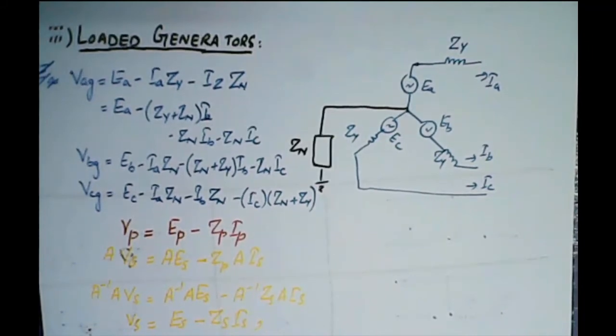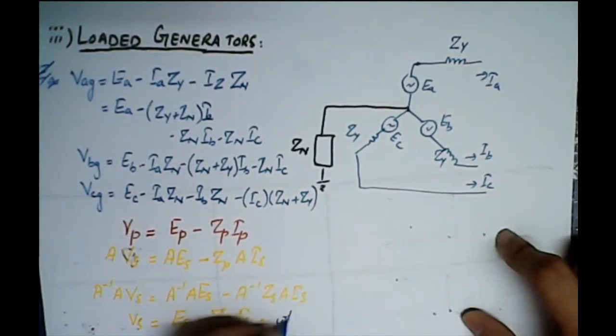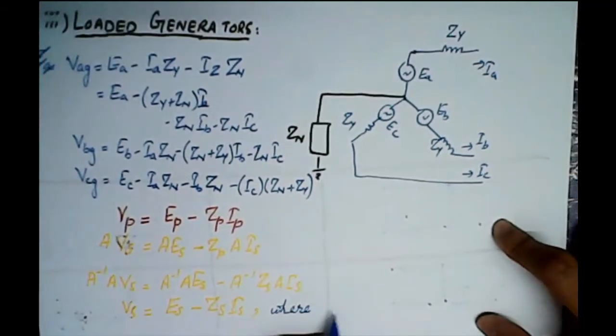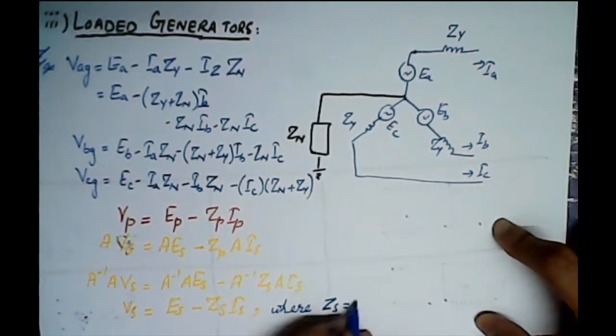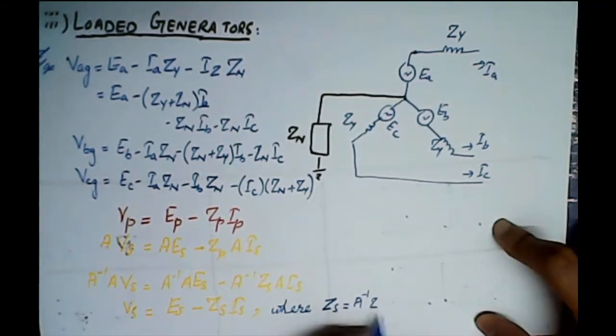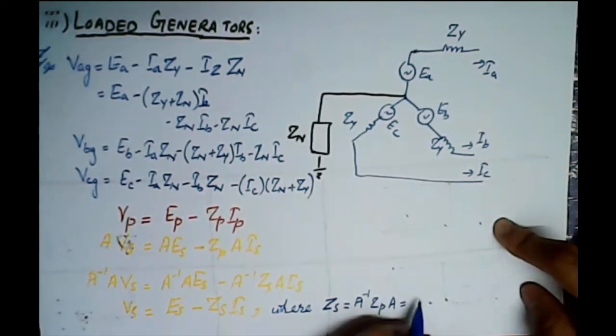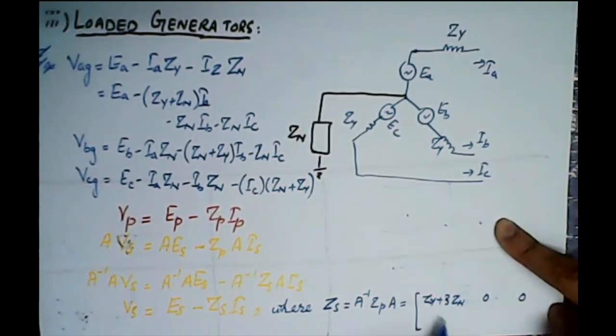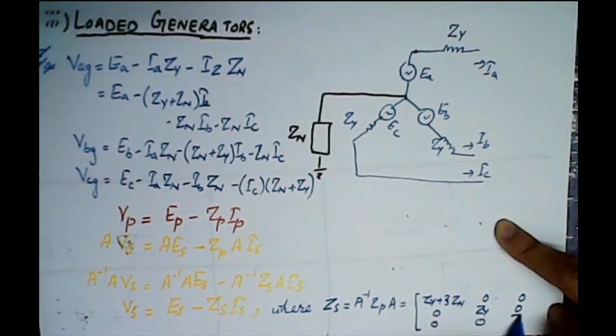where Zs, as we have already discussed in the load part, is equal to what? A inverse Zp A, and when we simplify it, it becomes the matrix with Zy plus 3Zn, 0, 0 in the first row, 0, Zy, 0 in the second, and 0, 0, Zy in the third, right?